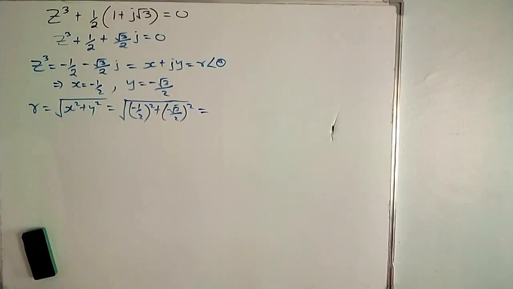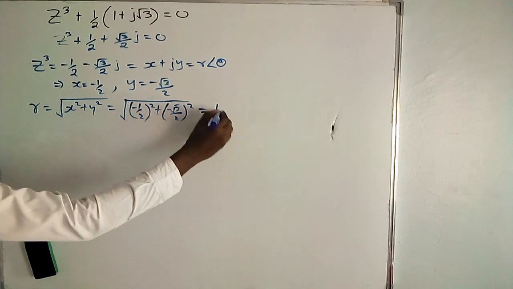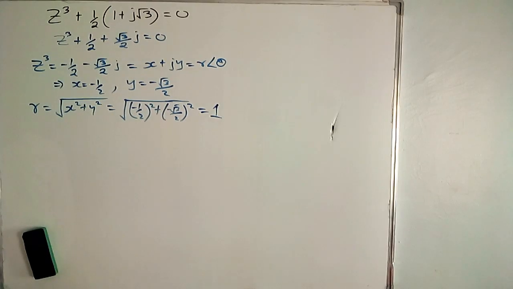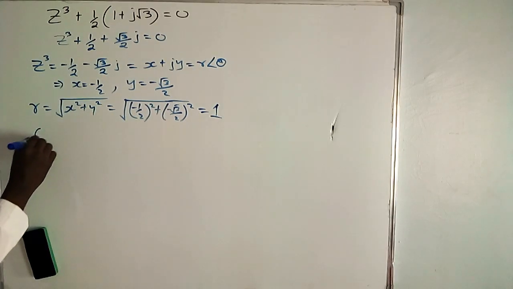Square root of negative half squared is 1 over 4, then plus negative root 3 over 2 squared is 3 over 4. So you get square root of 1, and square root of 1 is 1. So r is 1.